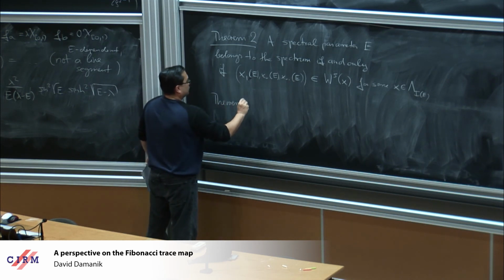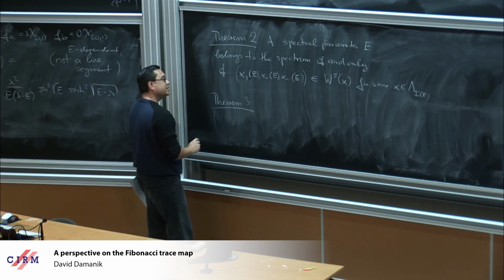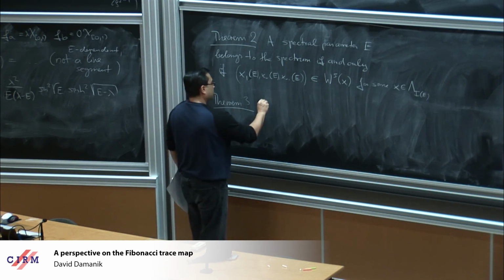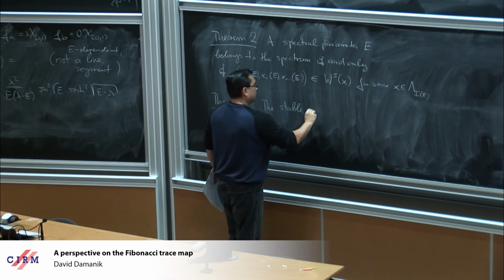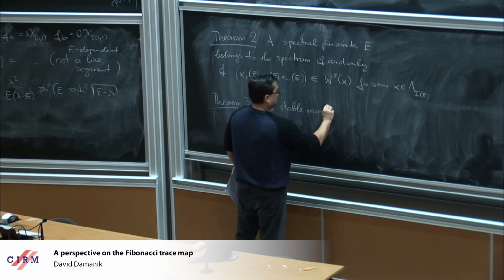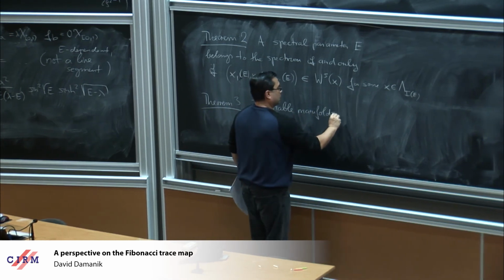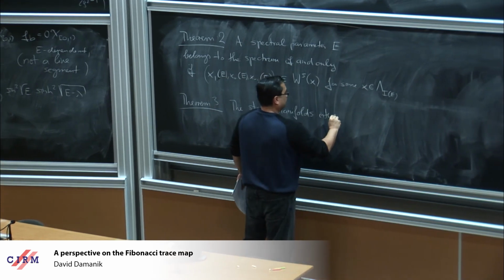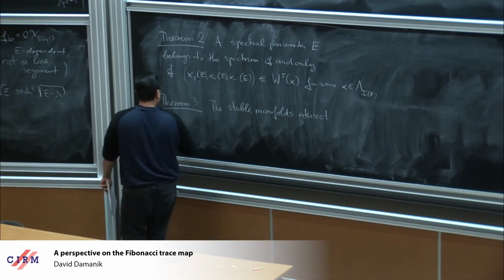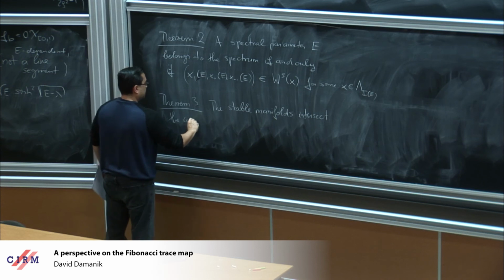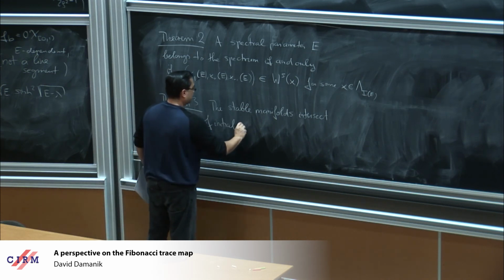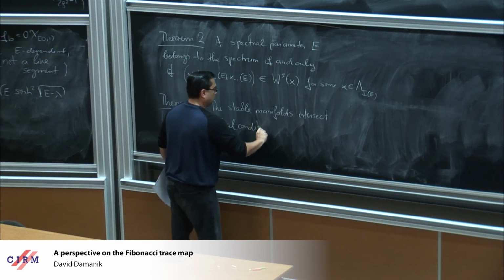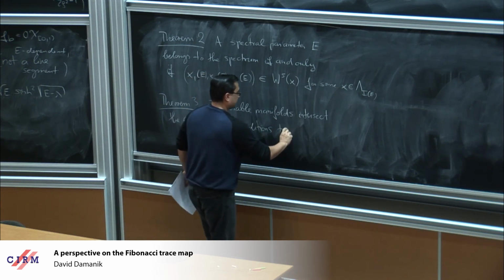Okay, and so theorem 3: the stable manifolds intersect the curve of initial conditions transversally.